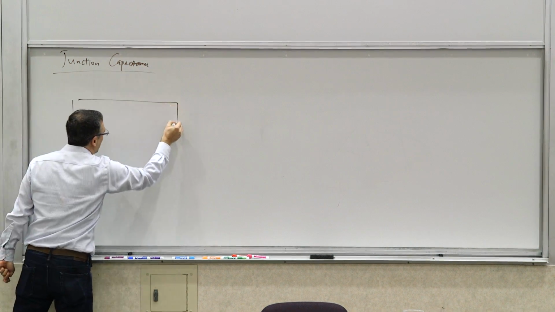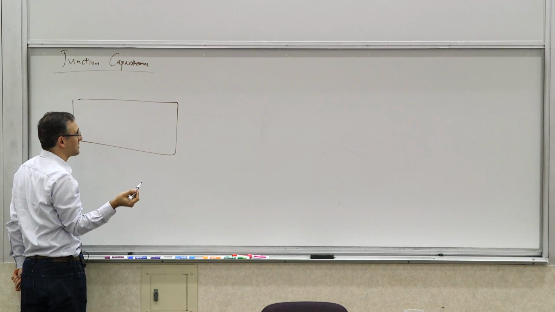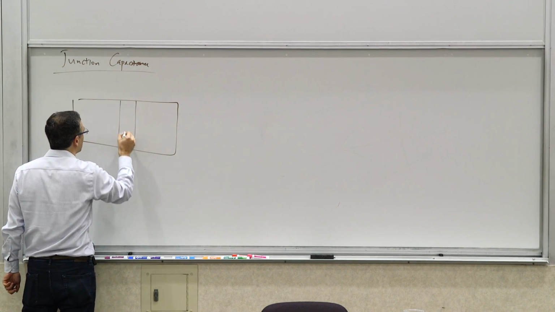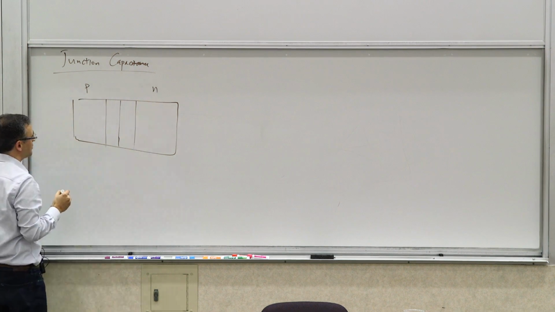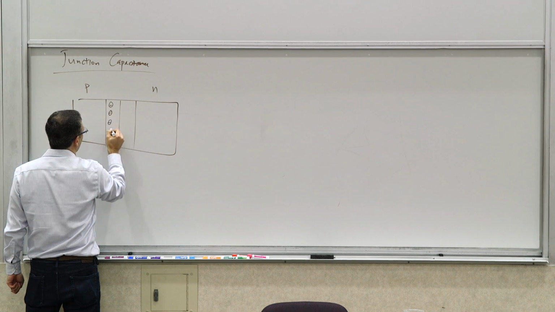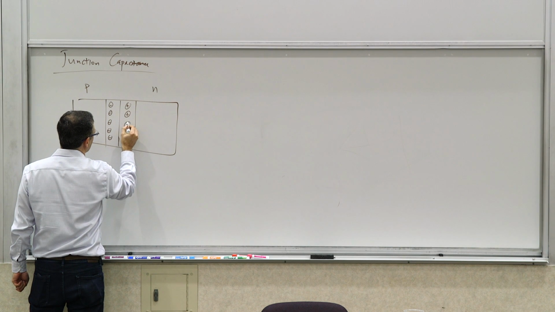So let's think about what it looks like when you have some reverse bias applied, or no potential at all, but just let's say it's reverse bias for the sake of argument. You have the p-type and n-type, and you have the depletion region, within which you have negatively charged ions here and positively charged ions there.